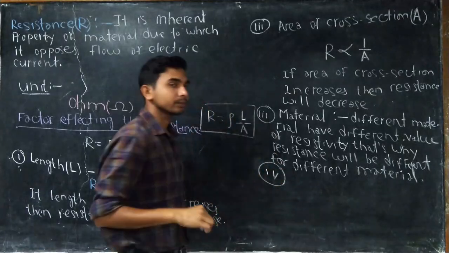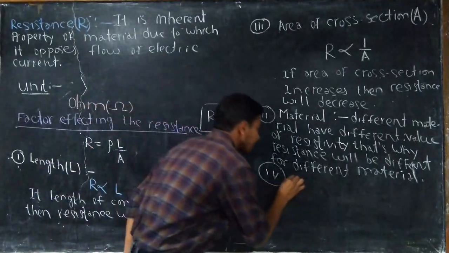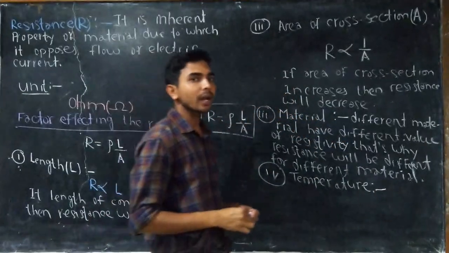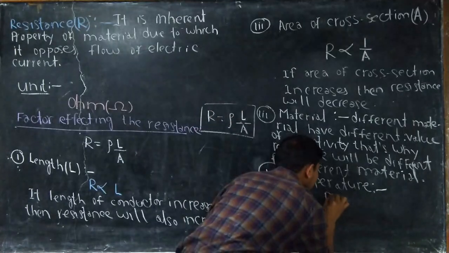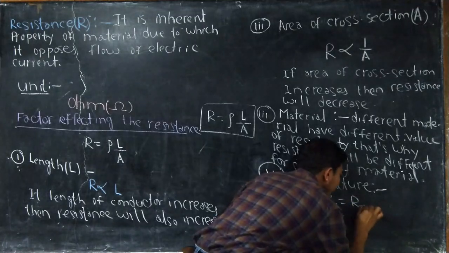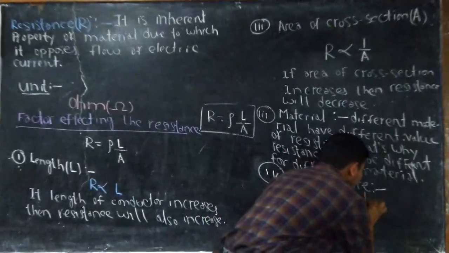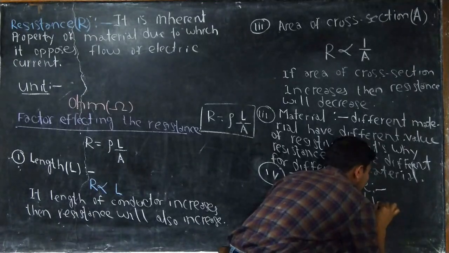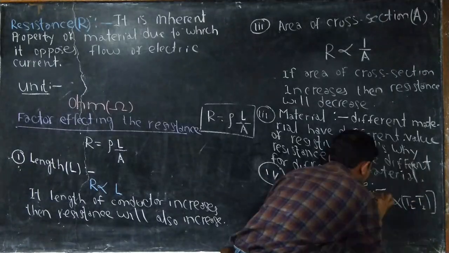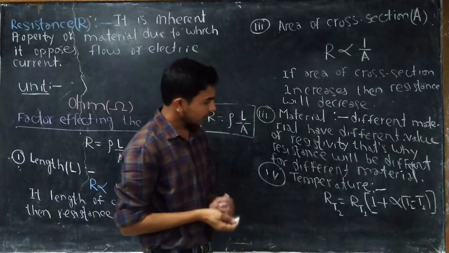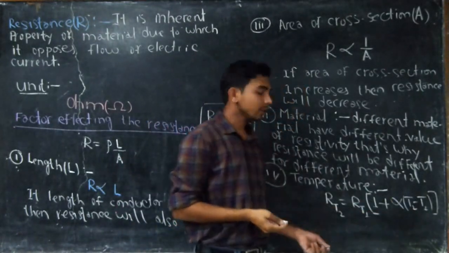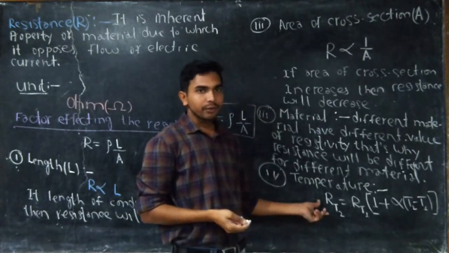And the last one is temperature. In the last class I derived one formula: resistance at temperature T2 is equal to resistance at temperature T1 into 1 plus alpha (T2 minus T1). You know this formula. As temperature changes, resistance will change.